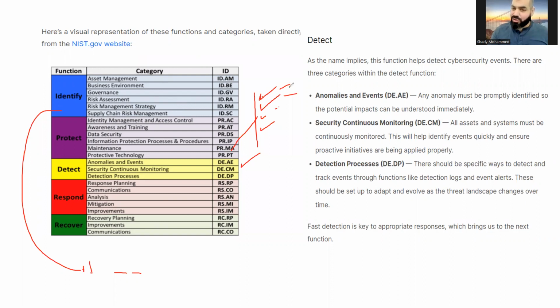Once a SOC engineer finds an incident and investigates and confirms it, he moves the case to the incident response team, which they call SOC tier 2.